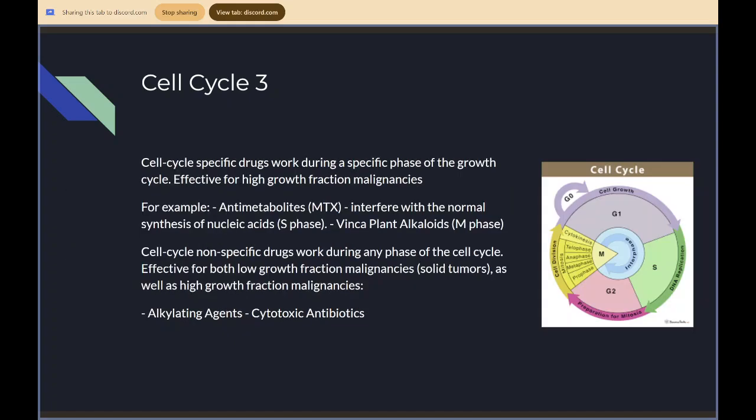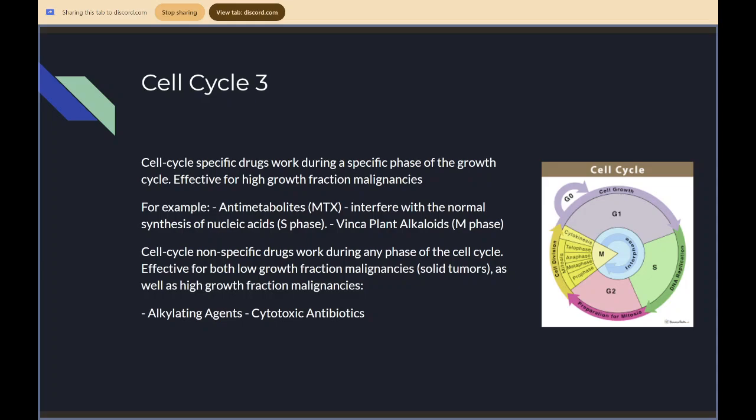So the cell cycle specific drugs work during a specific phase. This is effective for high growth fraction malignancies. Now, most cancers, as we know, have unchecked metabolism and unchecked growth. And so what we're trying to do is provide a check using certain chemotherapies.